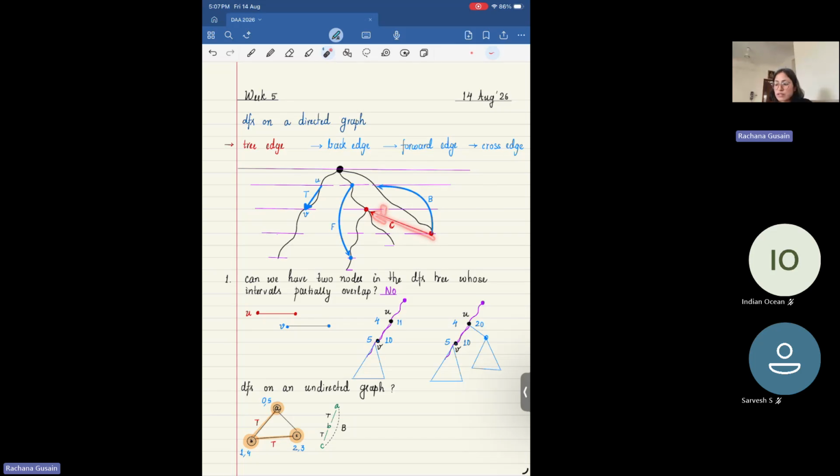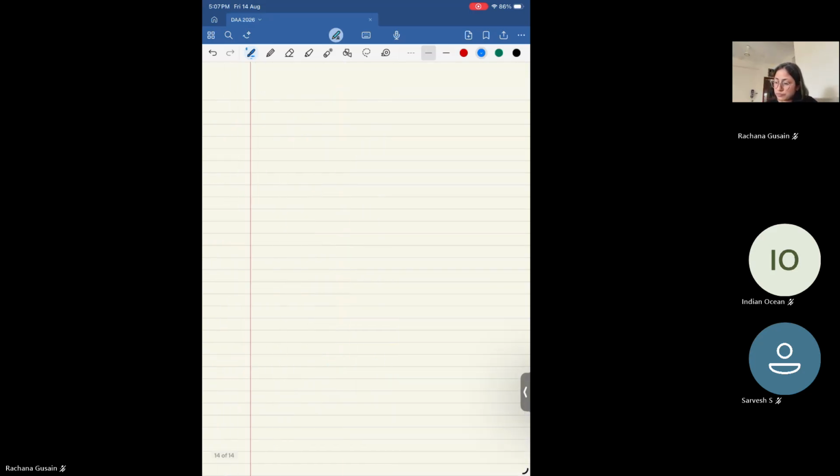So if there is a cross edge from U to V, V has a smaller finishing time. So here is the key property: only the back edge leads to a node with a higher finish time.